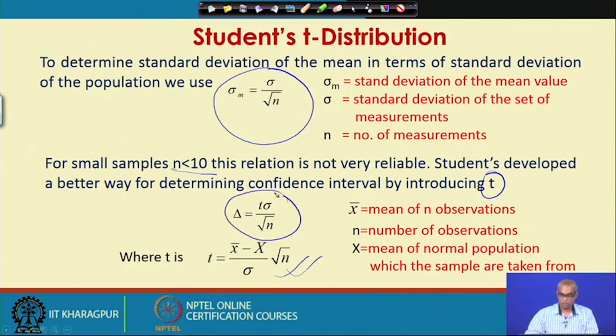With t, the confidence interval can be written as t sigma by square root of n, where t is the mean of observations minus the mean of the normal population from which the samples are taken, divided by the standard deviation and multiplied by square root of the number of observations, that is square root of n.